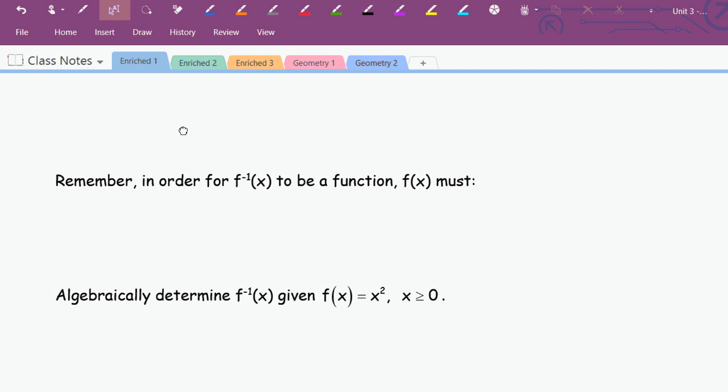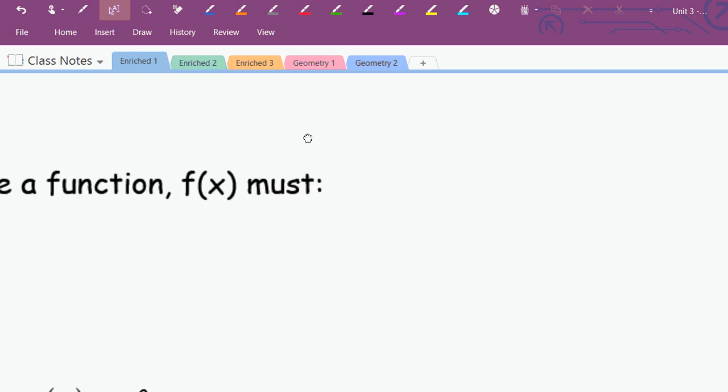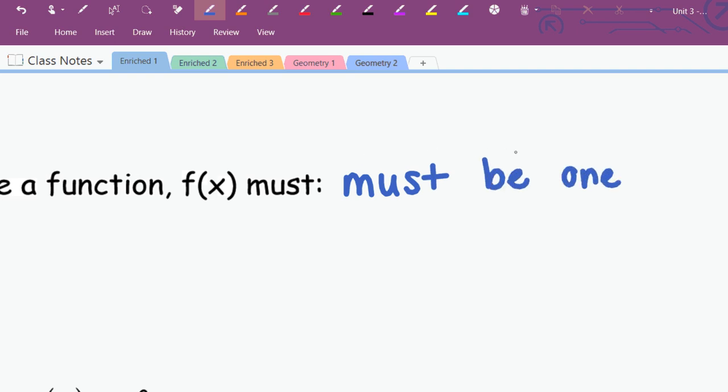Carly, remember? What does it mean if a function is 1-to-1? Yeah, so we need to have the f of x must be 1-to-1. Which means it's going to have to pass the vertical line test and a horizontal line test.